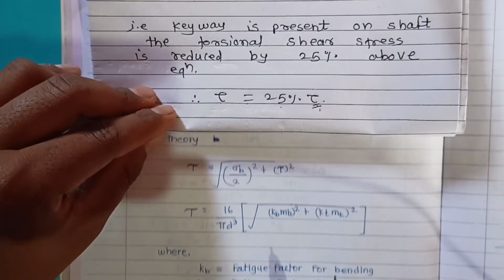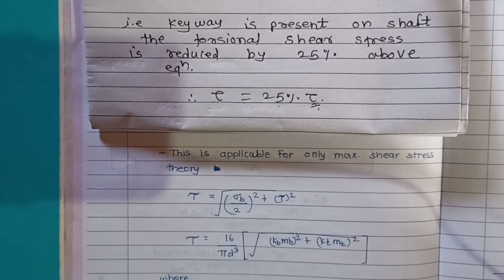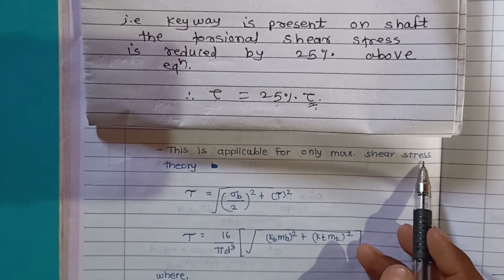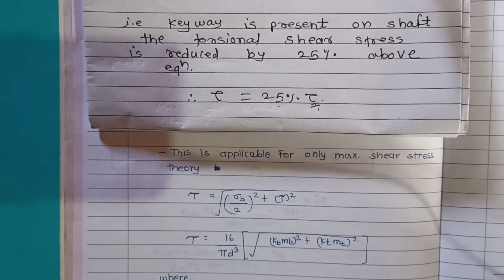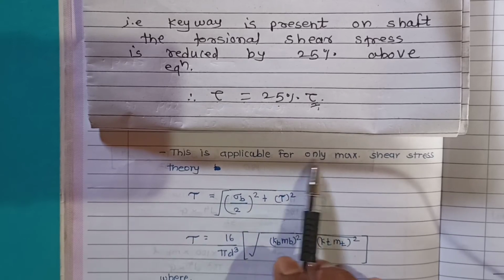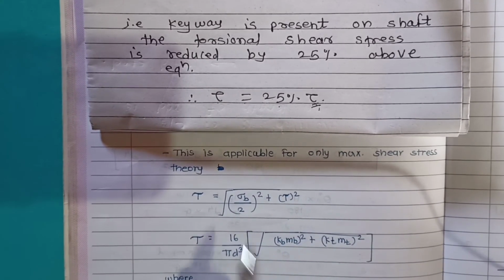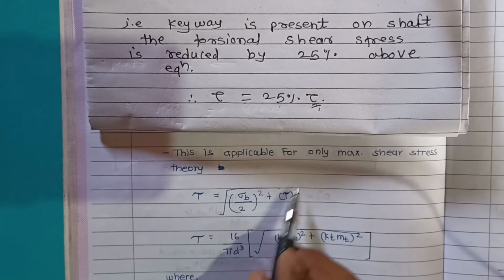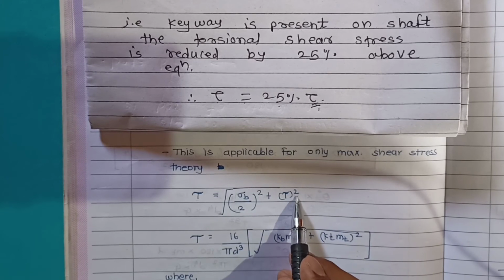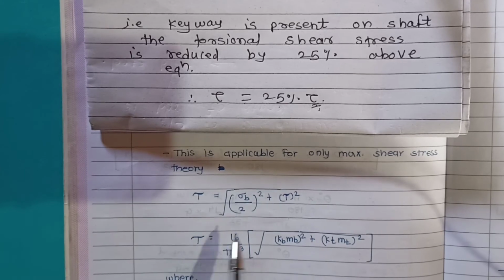Now this ASME code design procedure is applicable only for maximum shear stress theory. The formula of shear stress theory is tau is equal to root of (sigma b by 2) bracket square plus tau square.